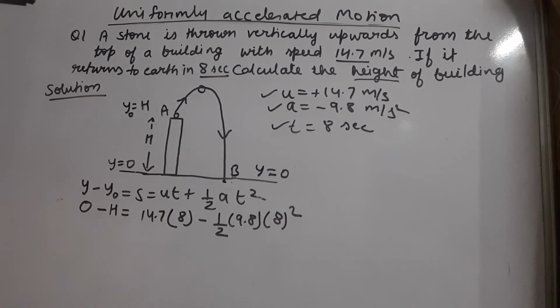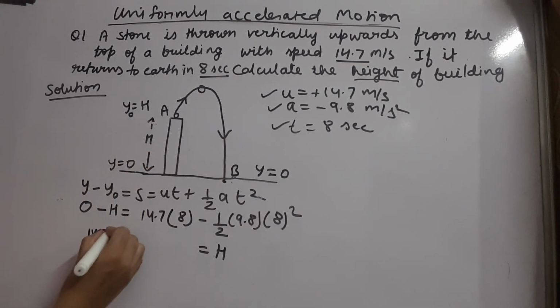Now you can see in this equation only this h term is unknown and all other terms are given to us, so we can easily solve for this height. But this term h is negative, so we shift it to this side so that it becomes positive. All these terms we shift to the other side.